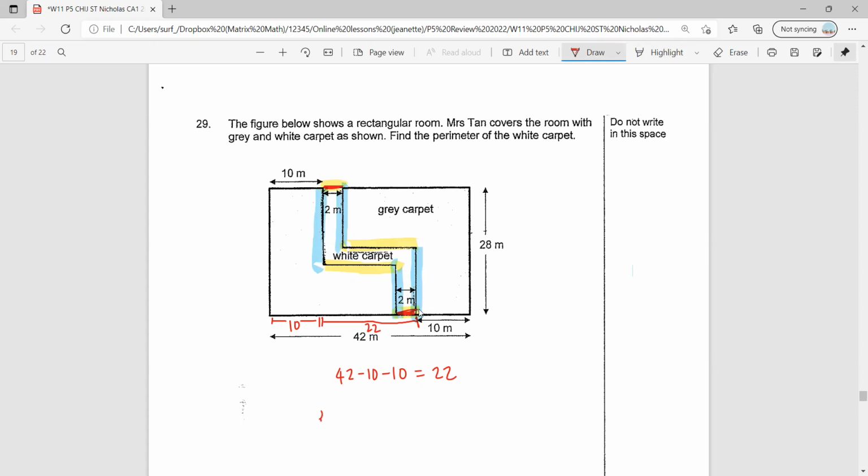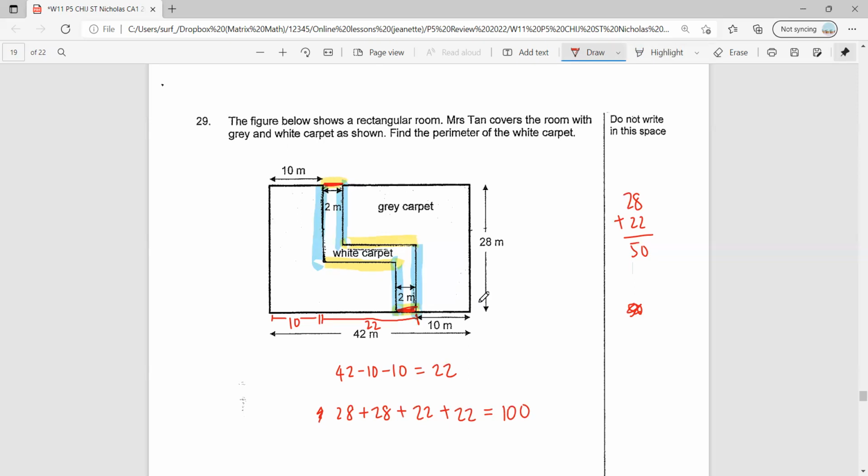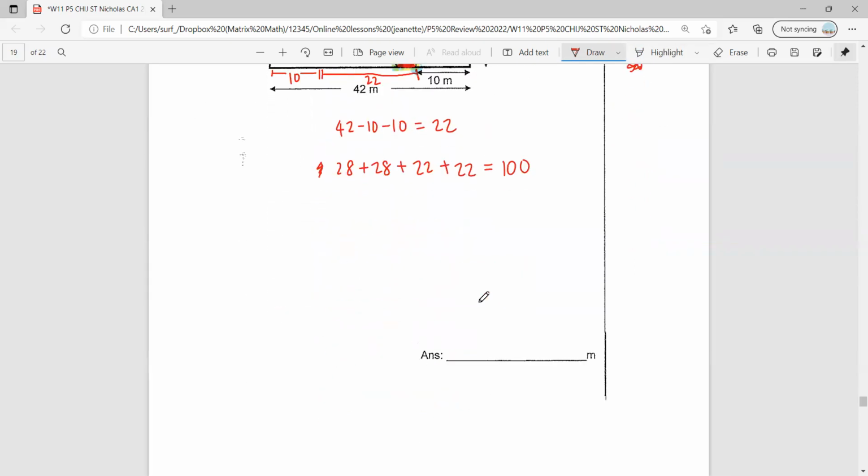So it'll be 28 plus 28 plus 22 plus 22. So we add 28 plus 22, which is 50. Then 50 times 2, 100. So that's the perimeter of the white carpet. 100.